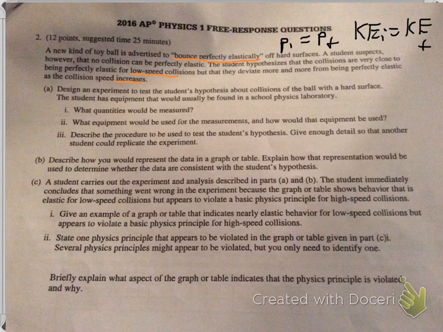So I'm going to draw a diagram here. I think this will get this across best. I'm sure we've all dropped a ball before. Maybe you've done an experiment like this before. So here's going to be my surface. This can be any sort of tile surface. And I'll just make this my ball.